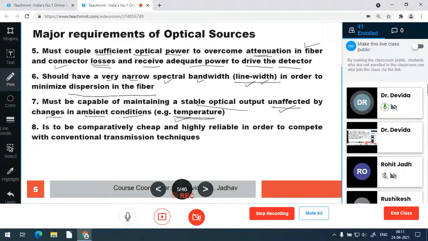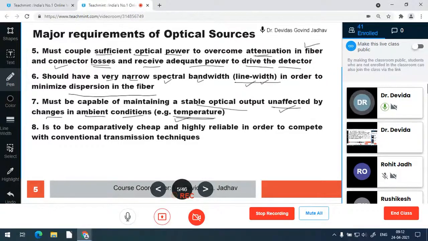Then number 8, the source is to be comparatively cheap and highly reliable in order to compete with conventional transmission techniques. The overall communication system should be cost effective compared to the conventional transmission system, so all the components should have minimum cost.